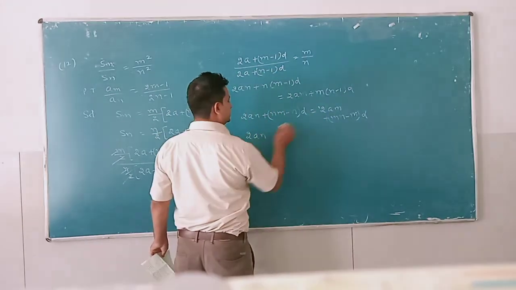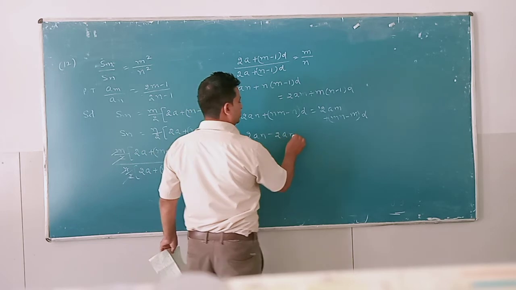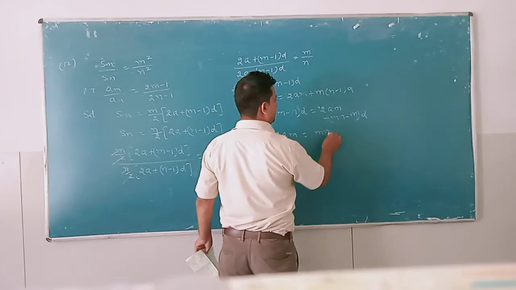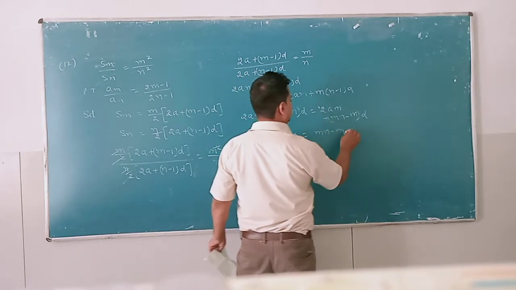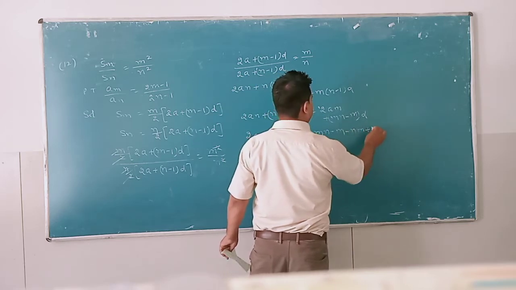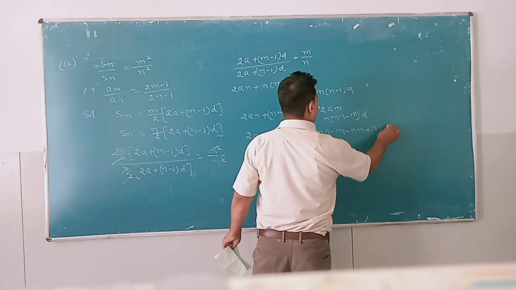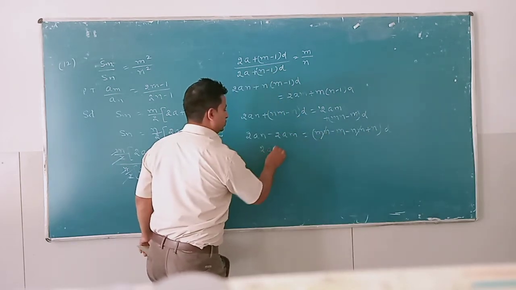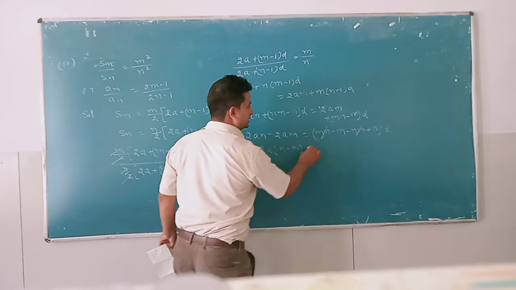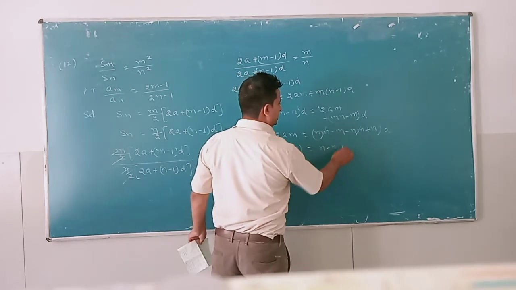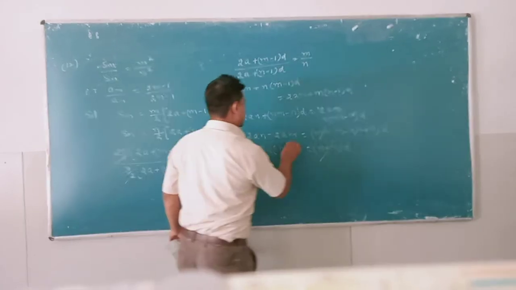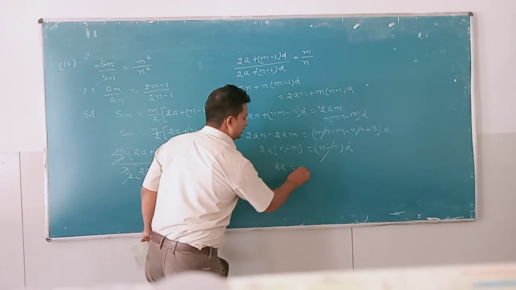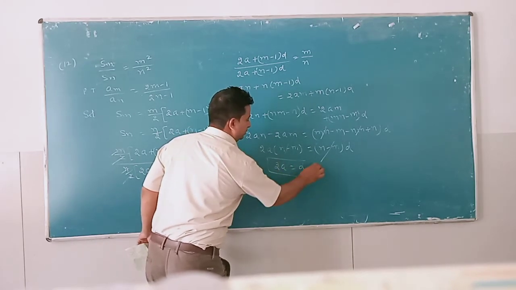Take this term to the left hand side: 2an minus 2am equals mn-m minus nm plus n, take d common. This cancels out. So when we take 2a common, this is n minus m, and this is n minus m into d, this cancels out. So 2a equals d.